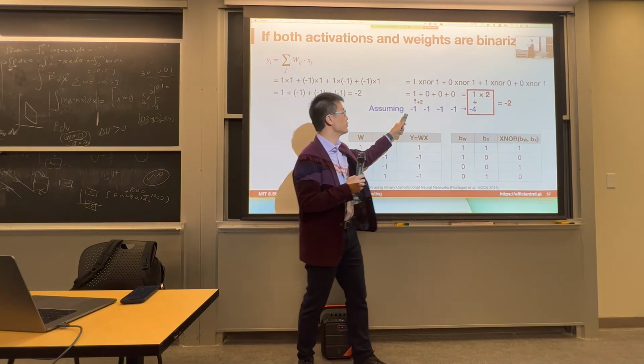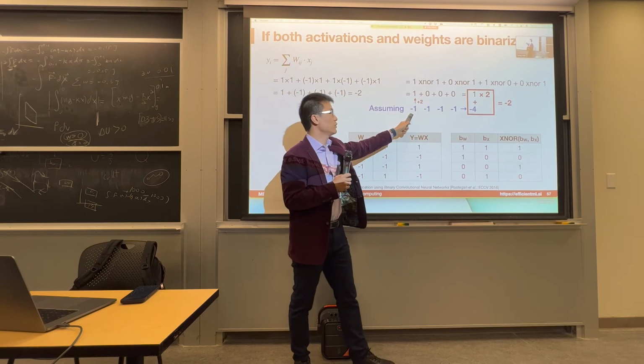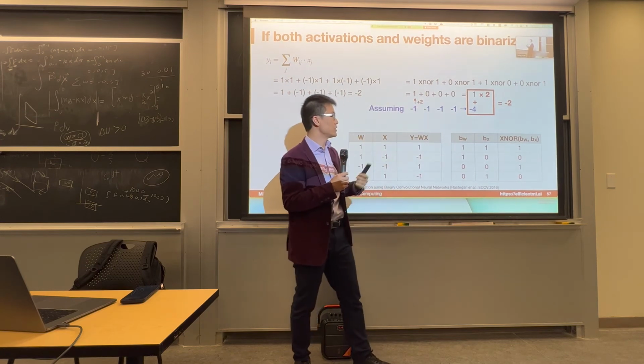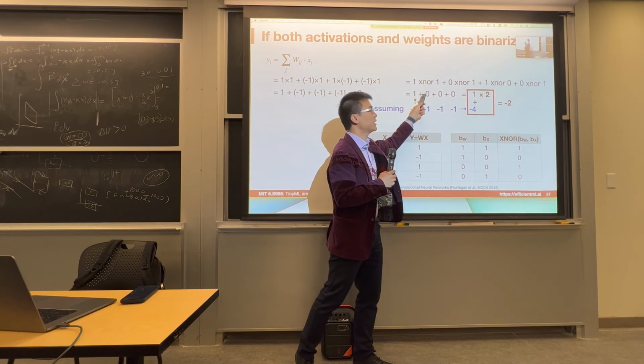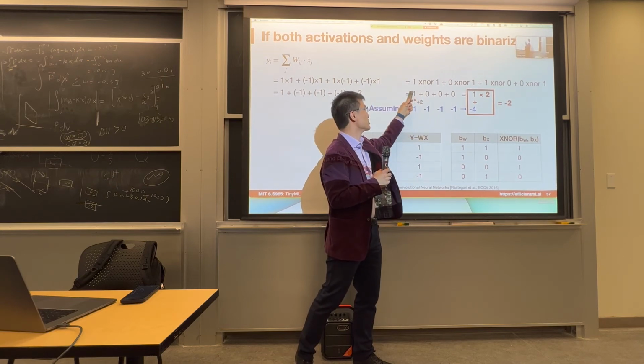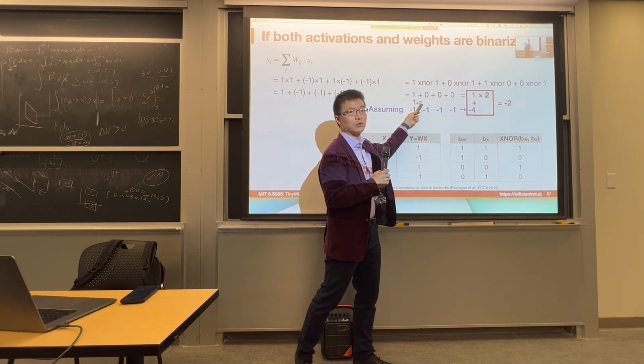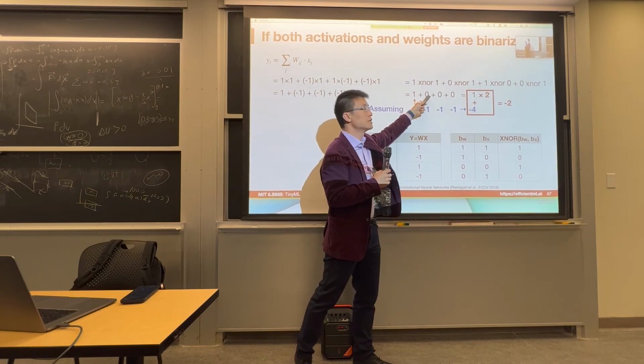Okay? So you just assume if everything is minus 1, which 0 represents, like I mentioned, that is minus 4. And then we count how many 1s are there. If we have just a single 1, then we plus 2. If we have 2 1s, then we plus 2 times 2. Okay?